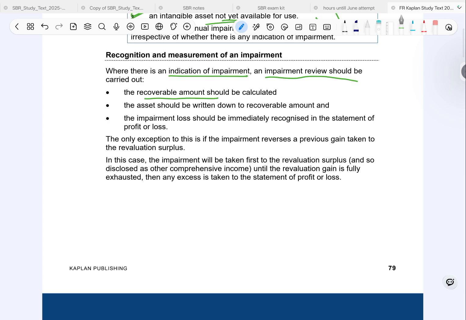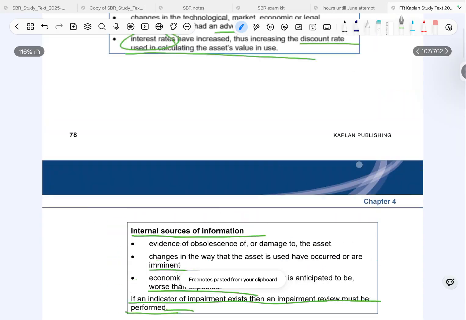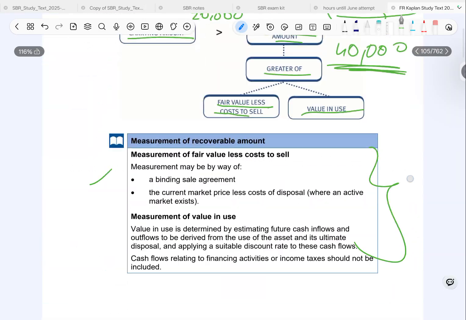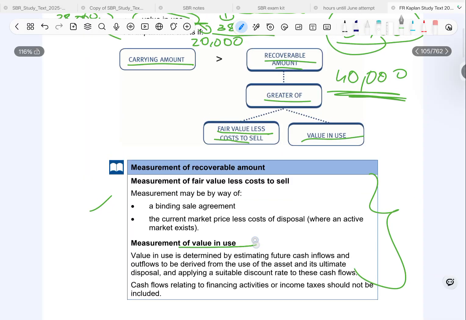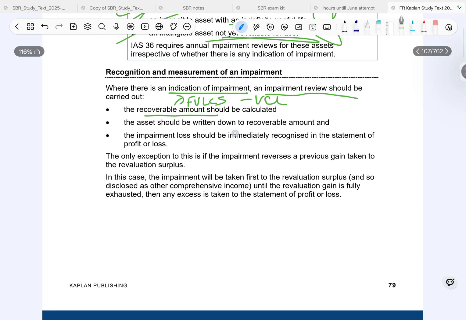The recoverable amount is the higher of fair value less cost of sale, or value in use. The asset should be written down to the recoverable amount, and the impairment loss should be immediately recognized in the statement of profit or loss.